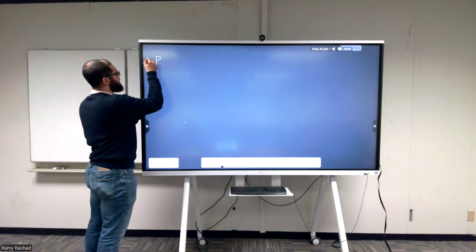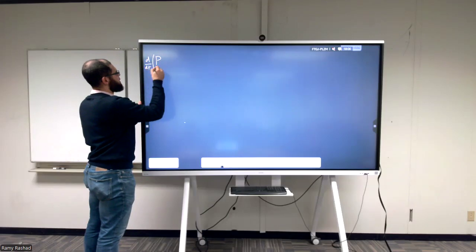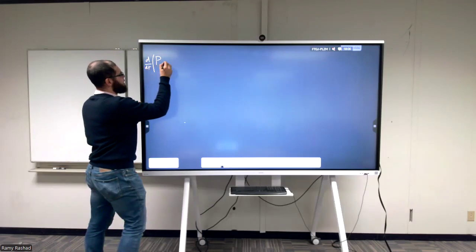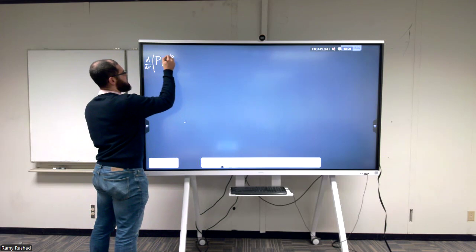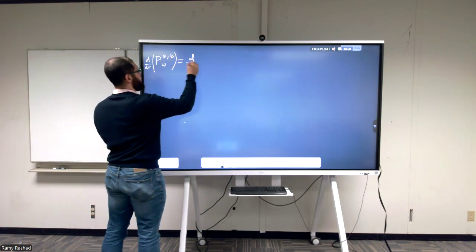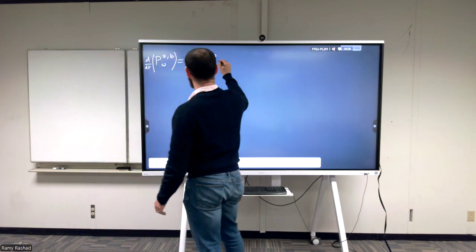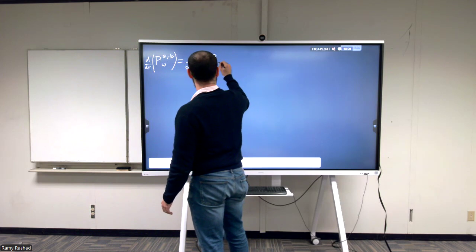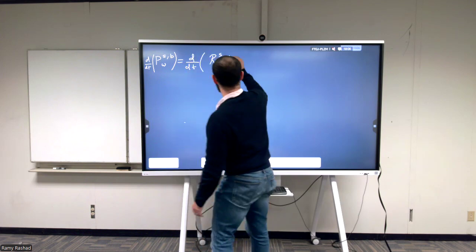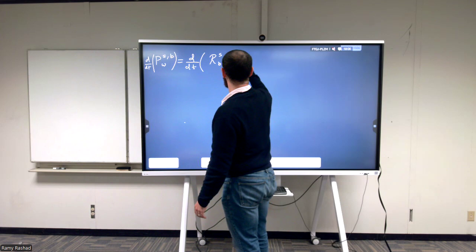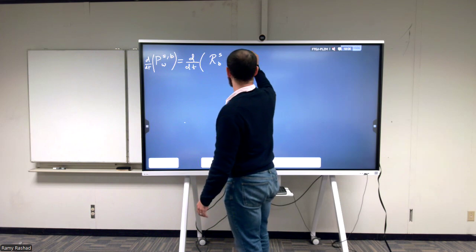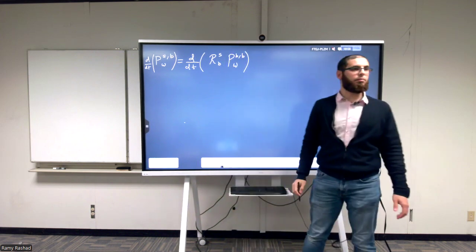P, the rate of change of P, the angular momentum of the body B expressed in the S frame, is equal to the rotation matrix that will take us from B to S multiplied by the angular momentum in the B frame. Clear?